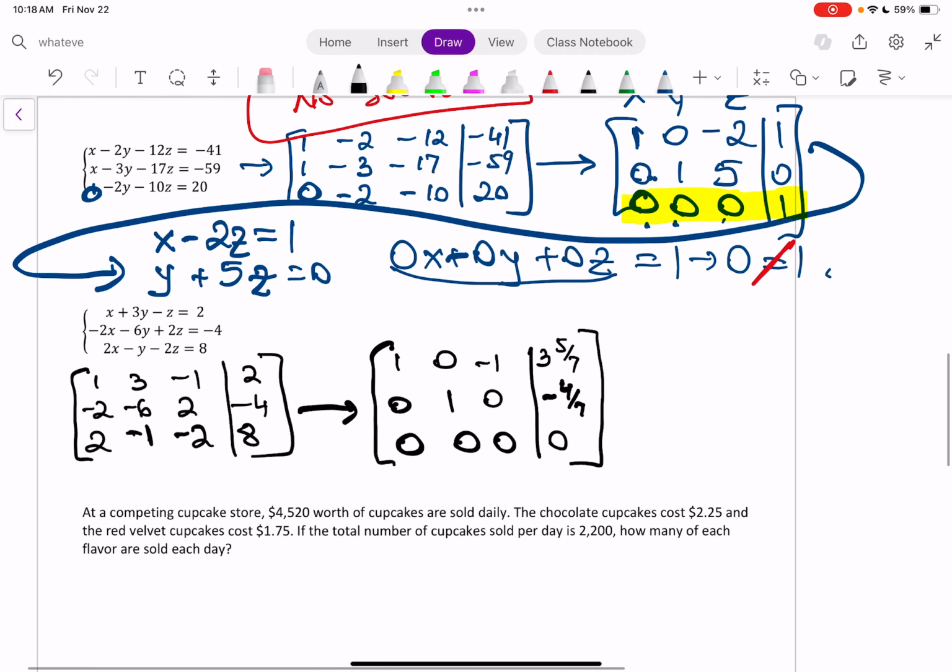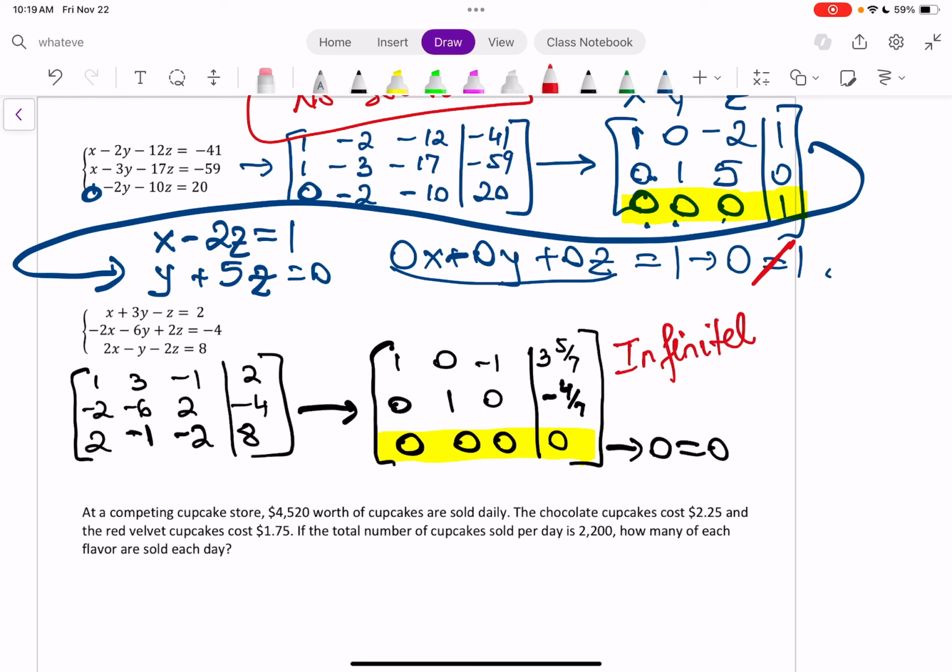Because all we're going to say is, based on this last equation here, I get a 0 of everything equals 0. So basically the whole equation got deleted. There's no information there. I already know that 0 equals 0. And so therefore this system will have infinitely many solutions.